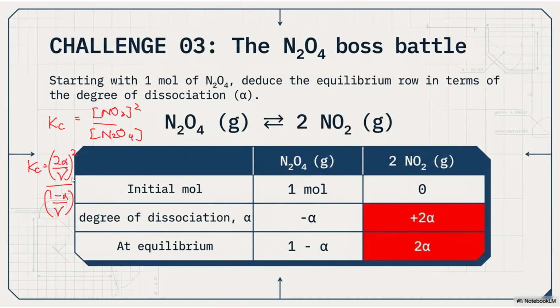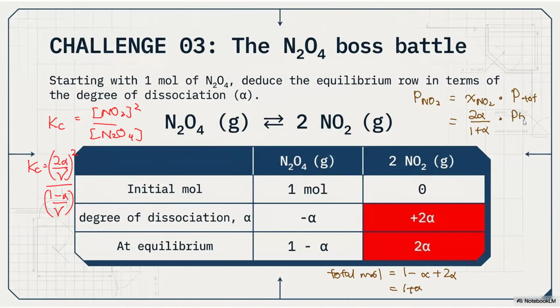Whereas for Kp, it's a little bit more complicated, where at first you have to calculate the partial pressure of NO2. The partial pressure of NO2 is equal to the mole fraction of NO2 times P total. Because here the total mole is 1 minus alpha plus 2 alpha, you have 1 plus alpha. So your mole fraction of NO2 is 2 alpha over 1 plus alpha, times P total.